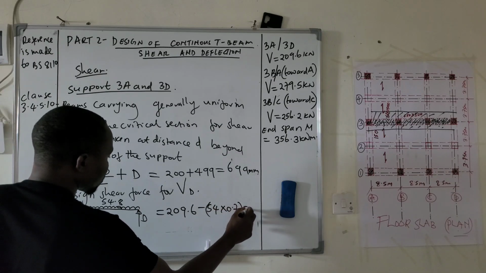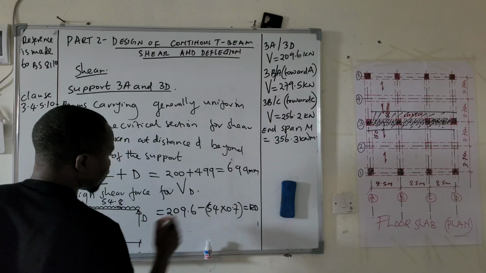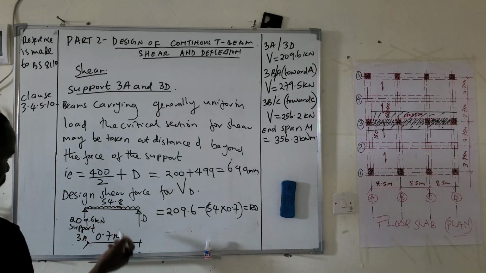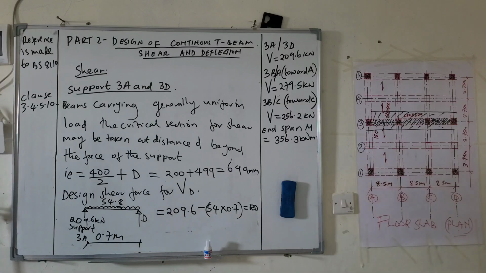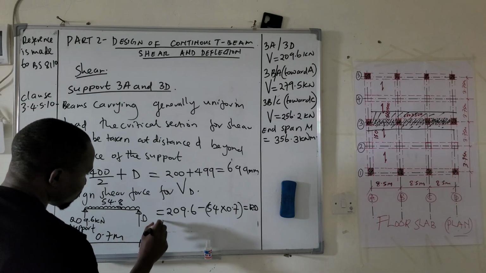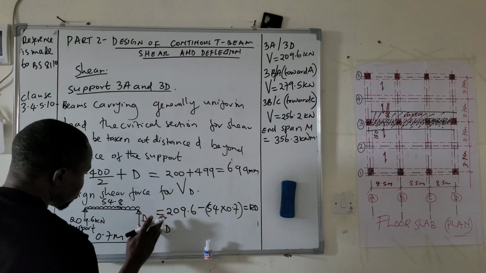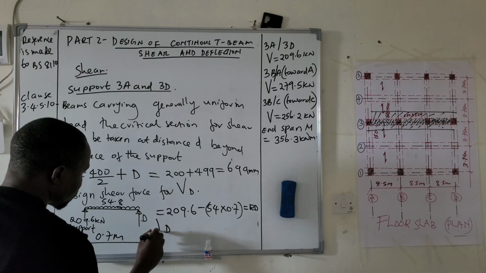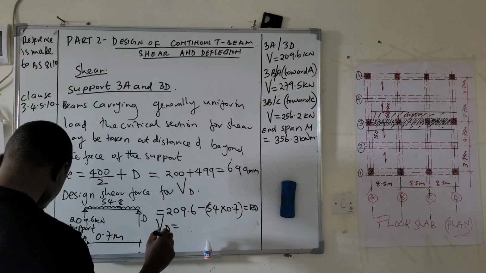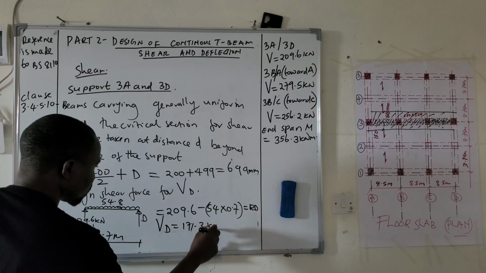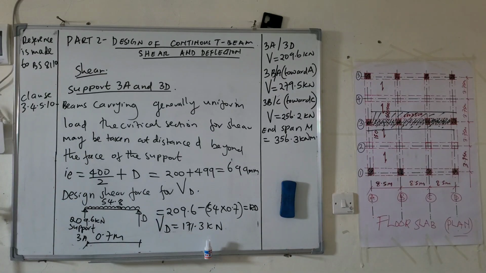Because this one is in the downward direction, it is a minus. If you carry out the operation, the VD, capital V, is equal to 171.3 kilonewton. So that is our VD.